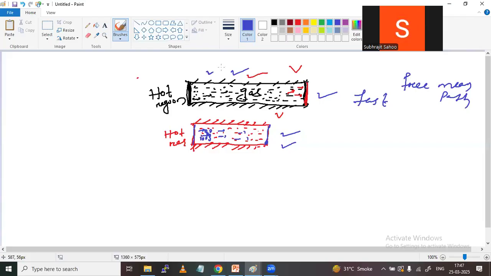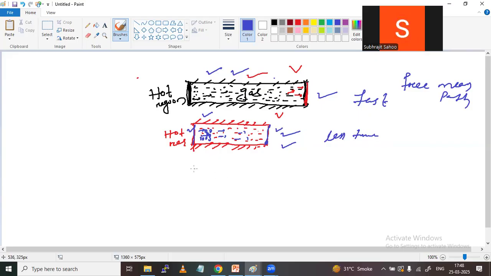If we compare this system and this system, in this system the mean free path between molecules is less, whereas here it is more. That's why molecule-to-molecule heat transfer is done quickly here compared to this one. That's why it will take less time, right? Less time to transfer heat from this end to this end.